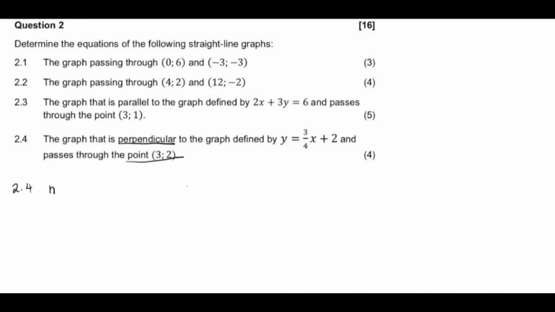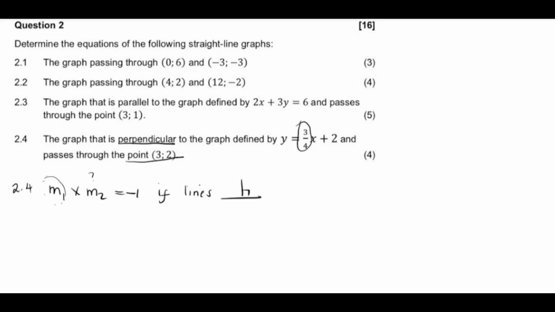So that means m1 times m2 is equal to minus 1 if our lines are perpendicular. That means what we have is only the first gradient. What we're looking for is the second gradient.